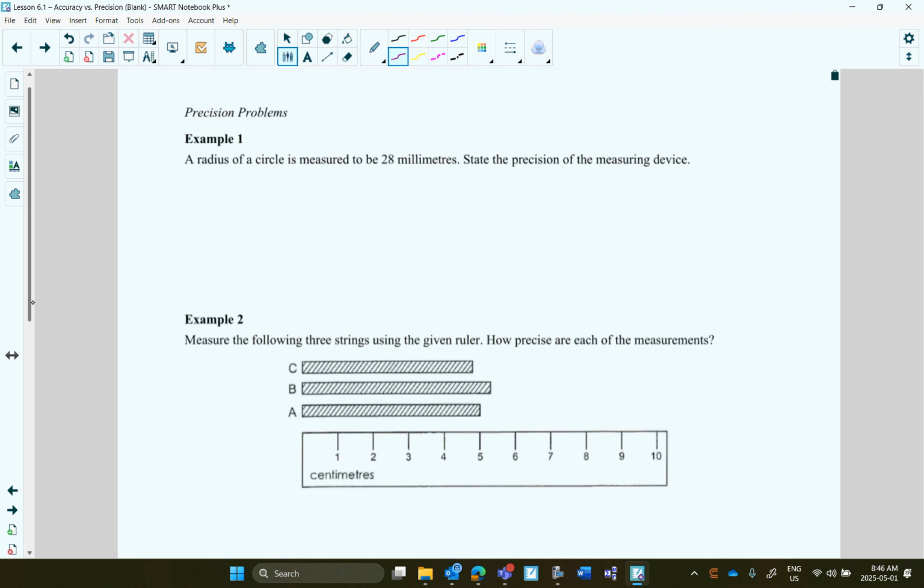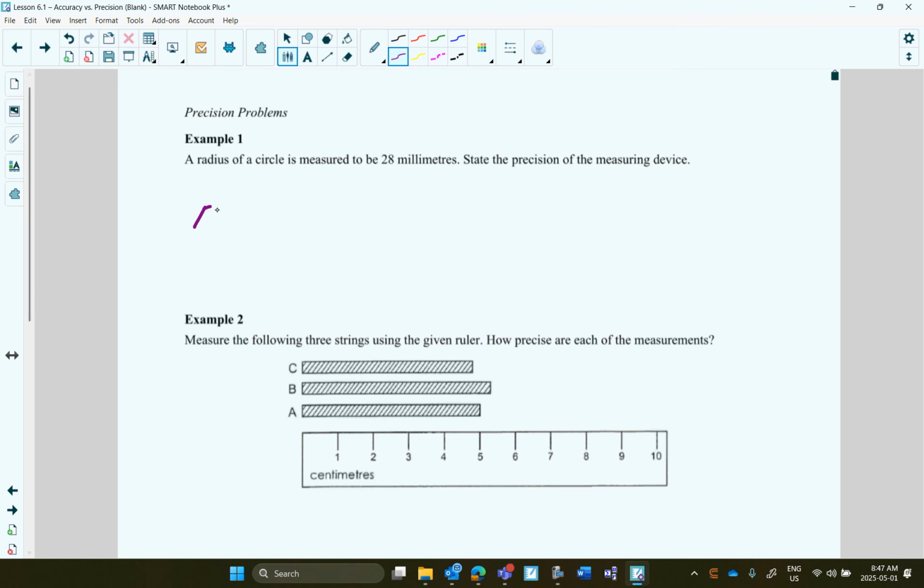In this one, the radius of a circle is 28 millimeters. What's the precision? We would simply say it's precise to the nearest whole millimeter, because that's as far as it's given us. If it said 28.2, we'd say it's precise to the nearest 10th of a millimeter, etc.